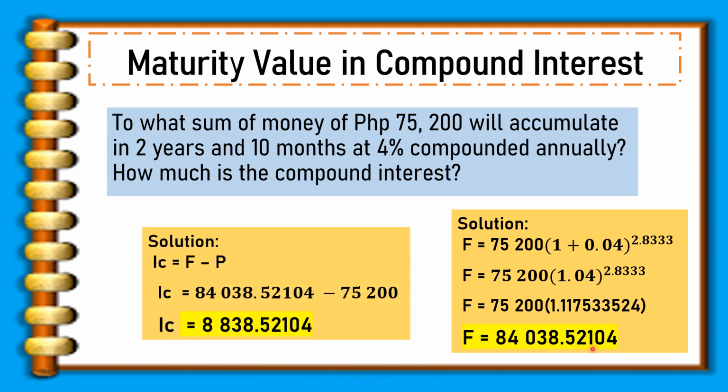For the compound interest, remember that the formula is I sub C equals F minus P. Our maturity value is 84,038.52104 minus 75,200. I sub C is equivalent to 8,838.52104. So this is the compound interest, and this is your maturity value after 2 years and 10 months at 4% compounded annually.